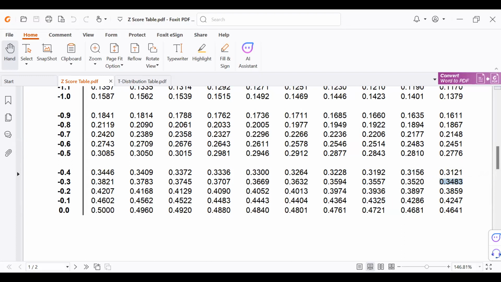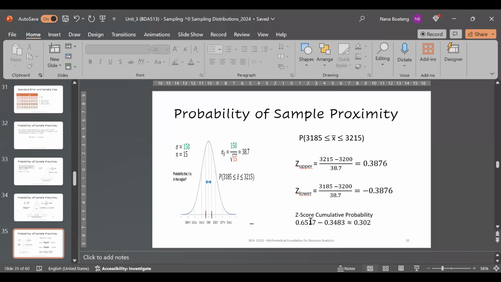So we have the probability for the upper and then the lower. For the range of probability, you deduct the lower from the upper, that gives you 0.302.